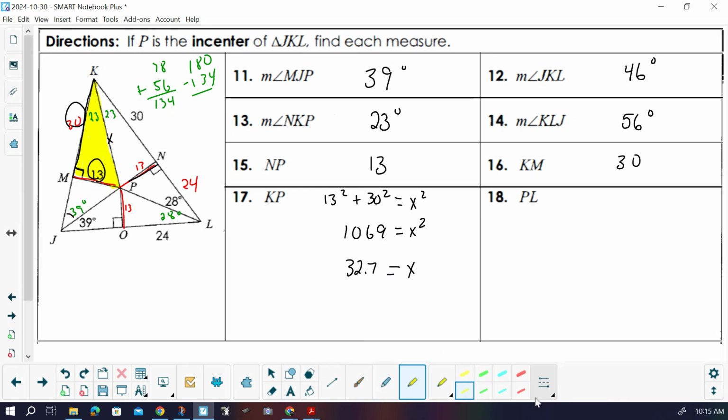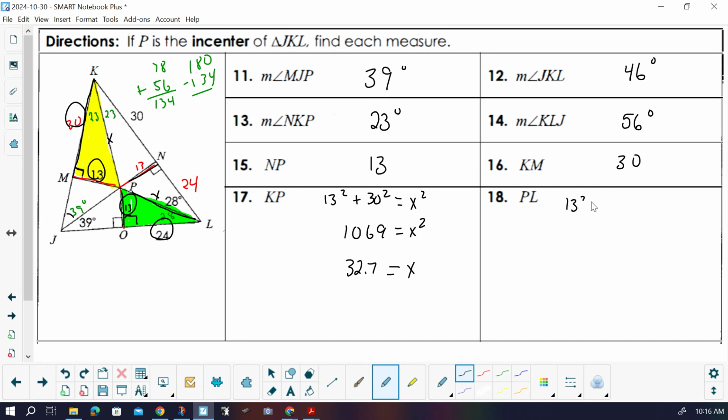All right, now let's find PL, and let's do another right triangle here. Where's PL? PL's right here, so I'm probably going to do this one right here. Okay, there we go. So let's take a look at PL. PL is my unknown, and it's the hypotenuse of this right triangle with legs 13 and 24.